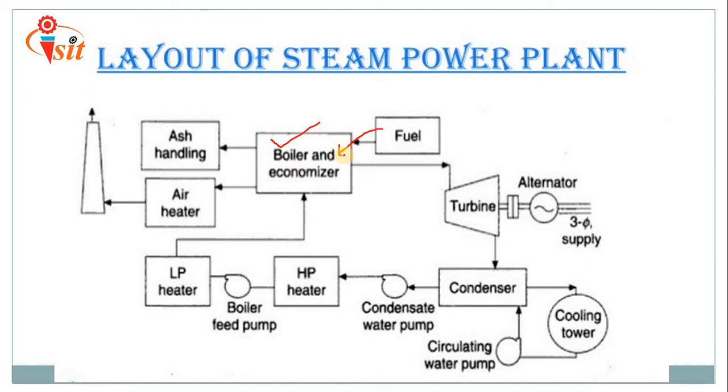So the boiler has its own integrated part, that is the combustion chamber, or you can say the area where combustion takes place. With the help of the combustion process, a tremendous amount of heat is generated, and that heat is responsible for converting water into steam, and further that steam enters the turbine.